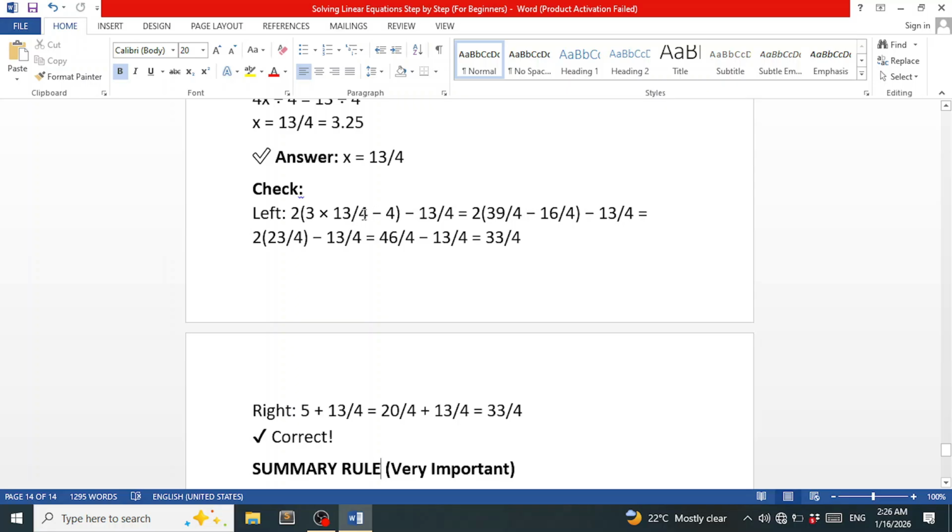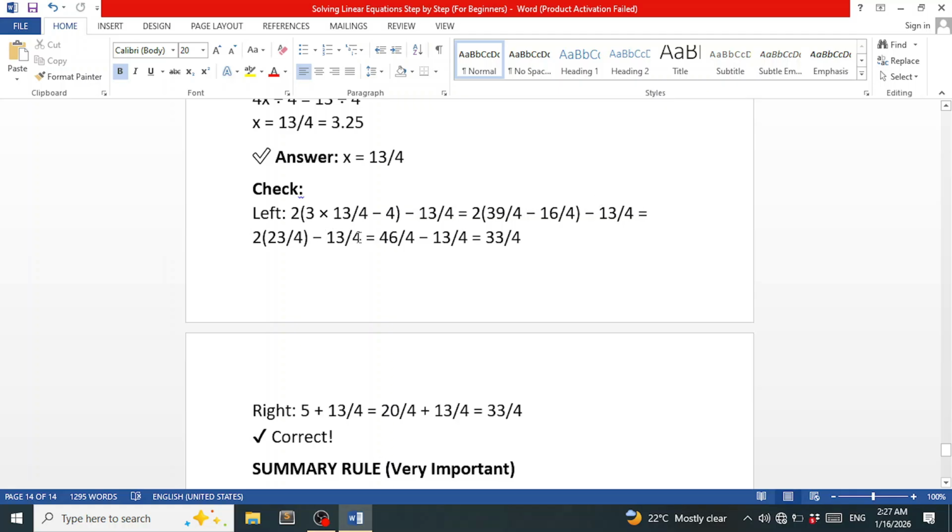When you get 3 times 13, you're going to have 39, so that is 2 into 39 over 4, minus 4. Now 39 minus 16, we're going to have 23. Then minus this 13 over 4.